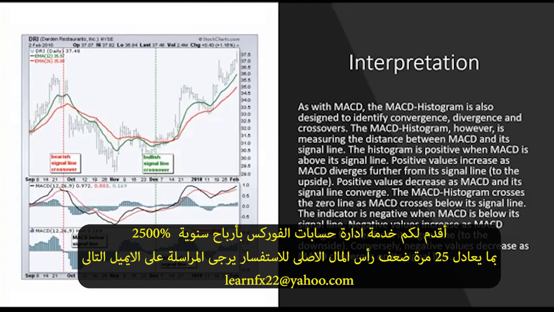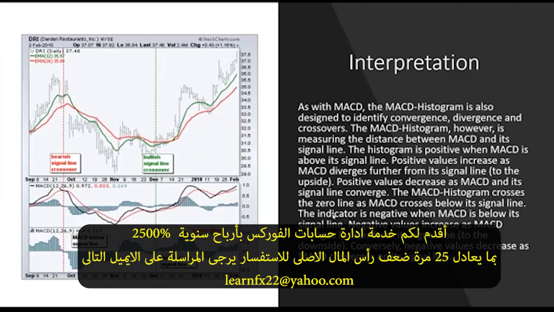So as with MACD, the MACD histogram is also designed to identify divergence, convergence, and crossovers. The MACD histogram, however, is measuring the distance between the MACD and its signal line. The histogram is positive when the MACD is above its signal line. Positive values increase as the MACD diverges further from its signal line.